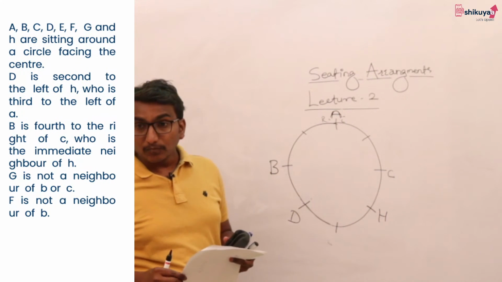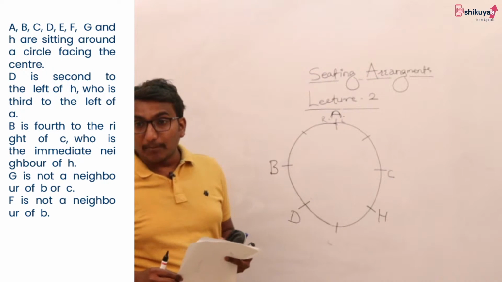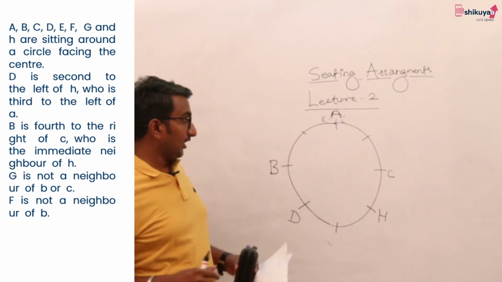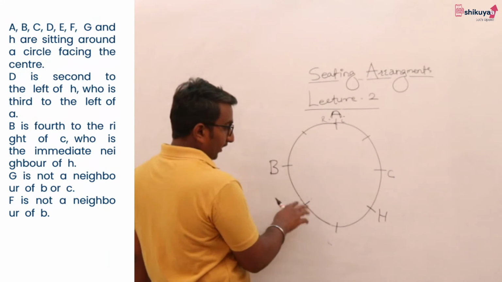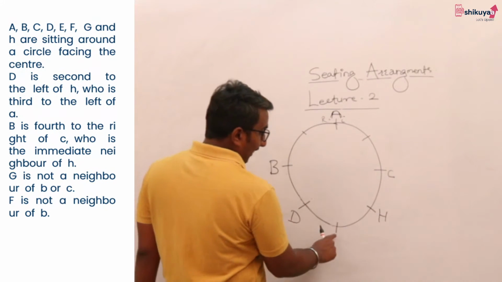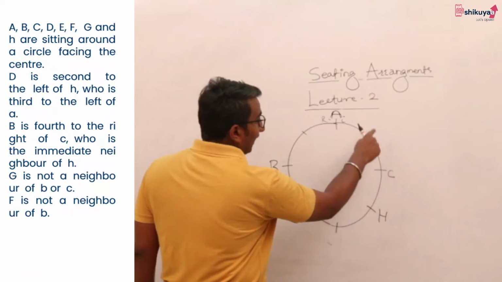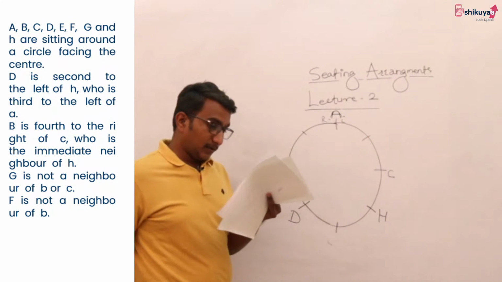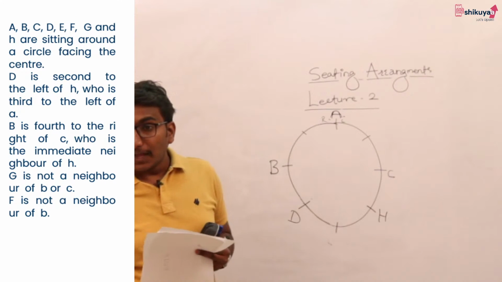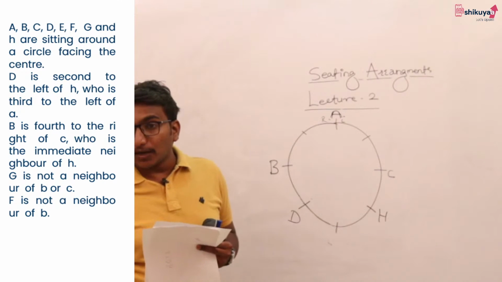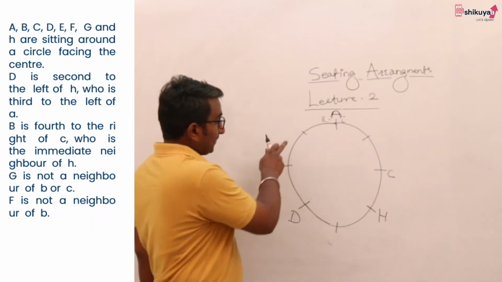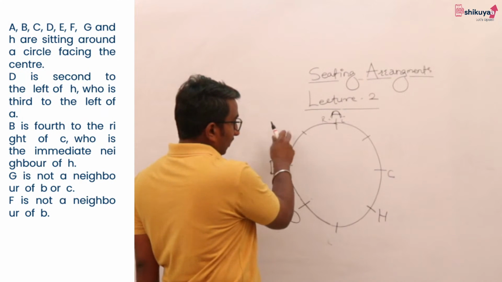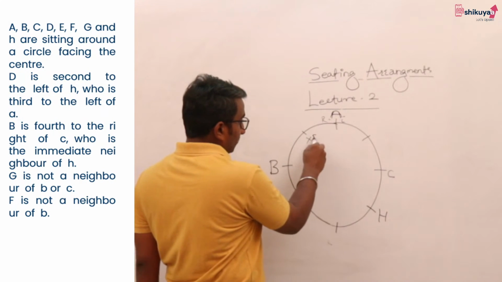Further, G is not a neighbor of B or C. So where is B? G cannot be placed over here, because B is already placed here. So G could be either at this position or at this position. Further, F is not a neighbor of B, which means F cannot be placed over here.